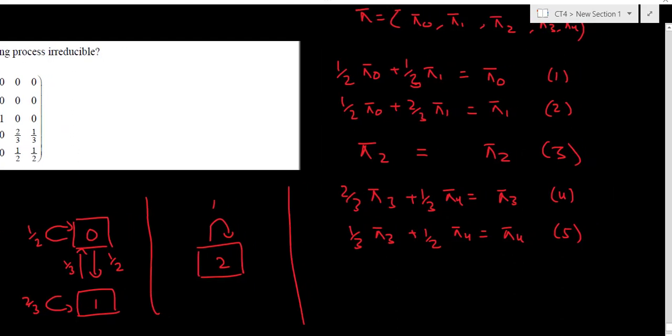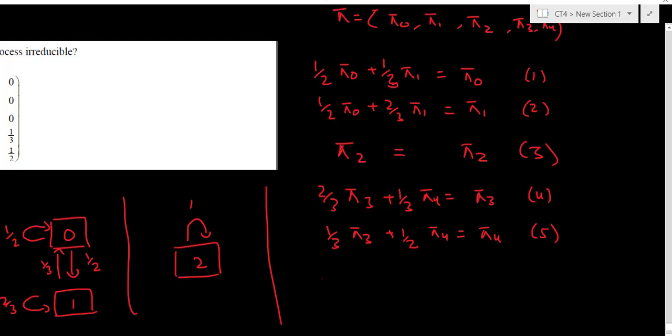Alright, now let's just try to solve all of these equations and apply the normalization property, which would be pi 0 plus pi 1 plus pi 2 plus pi 3 plus pi 4 is equal to 1.